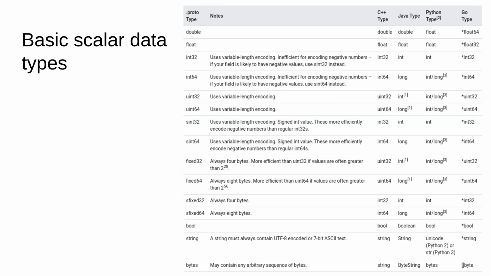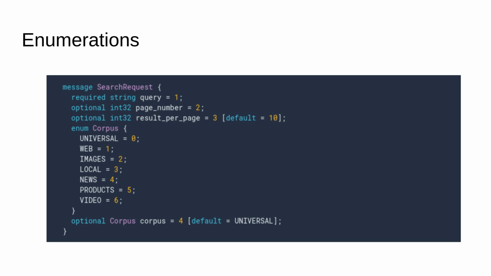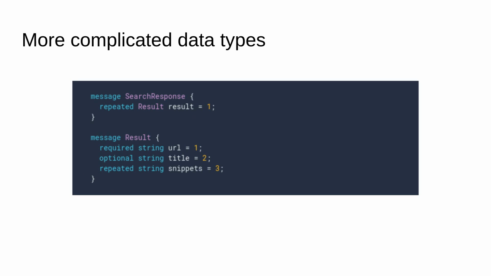All basic scalar value types are available, including integer, float, double, string, and boolean, and their variants. As you can see on the right side of the screen, there are all the variants you can imagine. So all the basic types are available.